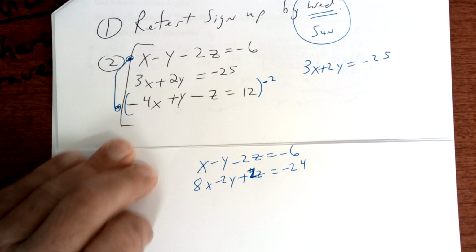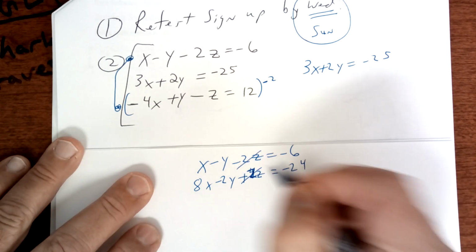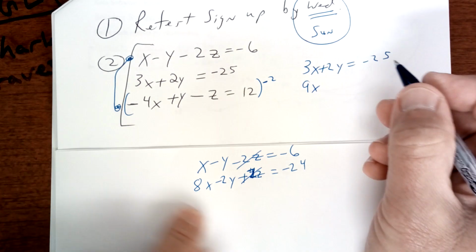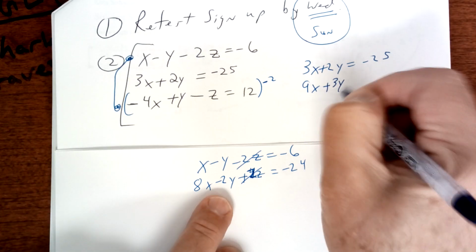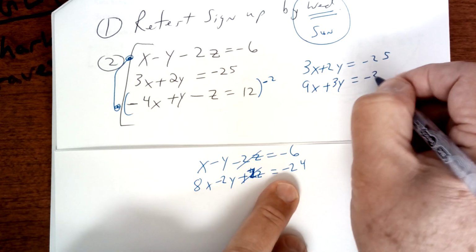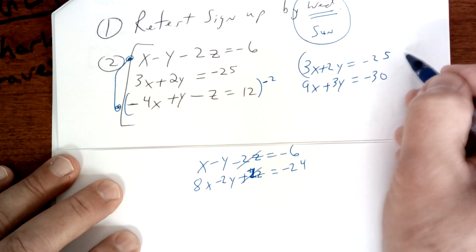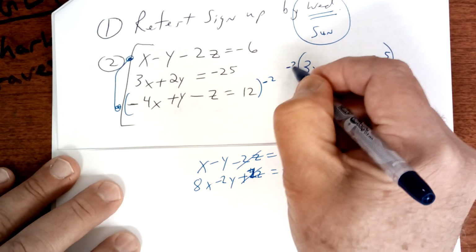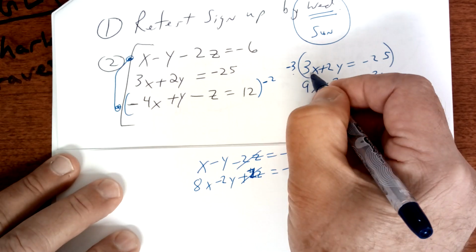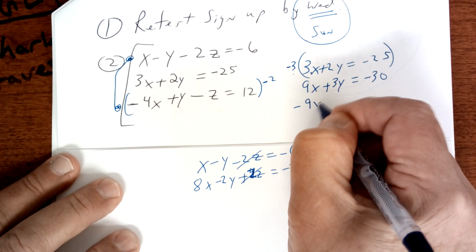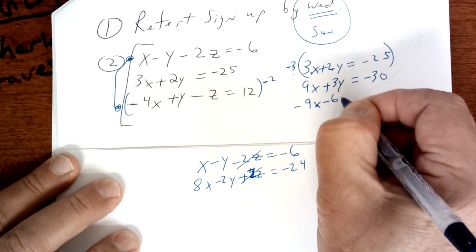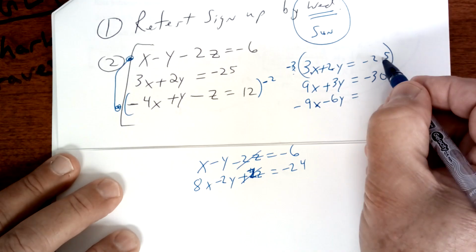Okay, so at this point, this cancels. So I end up with 9x plus 3y equals a negative 30. Now at this point, I would multiply this one by a negative 3 to get my x's to cancel. So on the top, which I'm going to write right underneath here, it's going to be a negative 9x, a negative 6y, and this is going to be a positive 75.